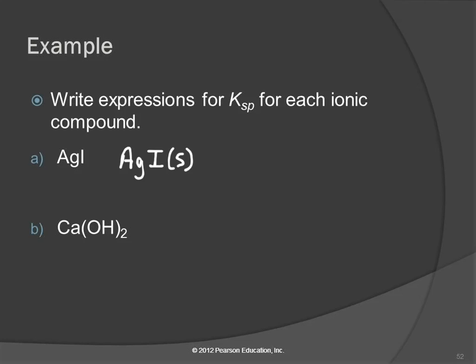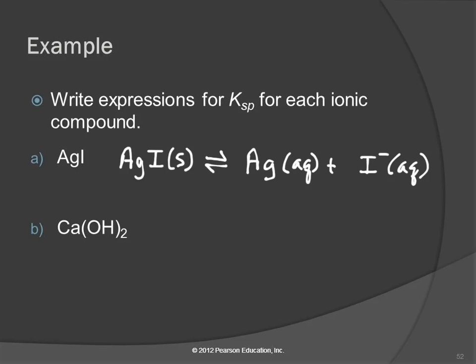So that's going to be in equilibrium. We take that ionic compound and separate it into its individual ions. So we've got silver, that's going to be aqueous, and we've got iodide. We know the charge on iodide from the periodic table. It's -1.